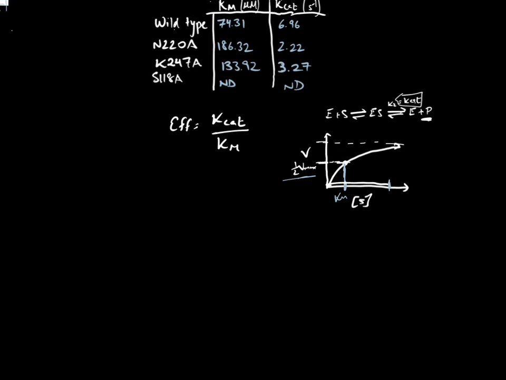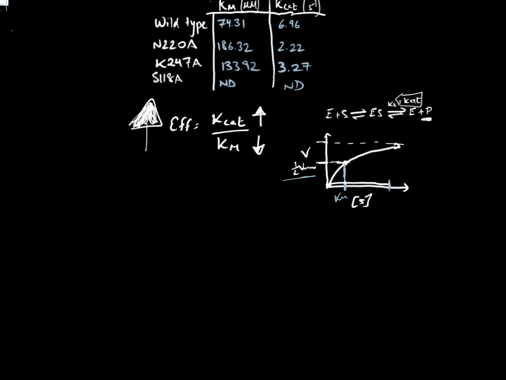So in this case, if we want an enzyme that's very fast and very specific for its substrate, or has high affinity for its substrate, then we would want a high kcat and a low Km. And that's why efficiency overall, a higher efficiency, is determined by these two factors in a quotient. Okay, anyway, so I want to find the catalytic efficiency by calculating this for all of these.